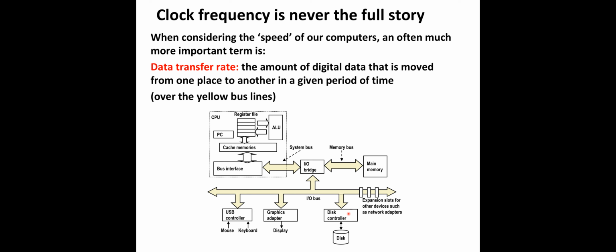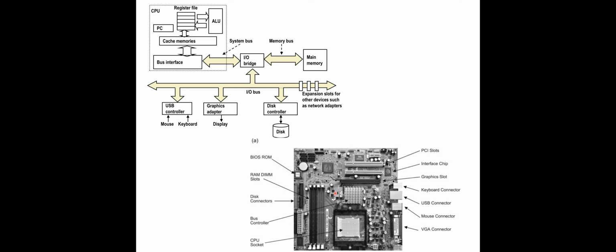And so we're going to start trying to think more about this notion of how many bytes per second can get moved from main memory over to a register and so on. So the speed of what's going on inside our computer can often be the most deciding factor on its performance. So what are these buses really like?